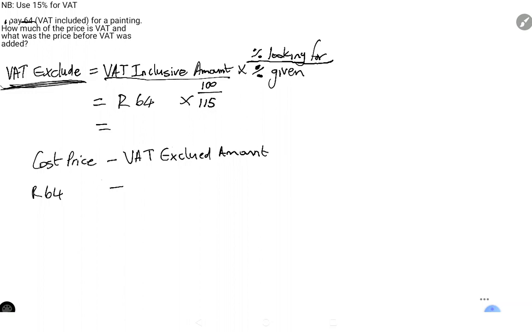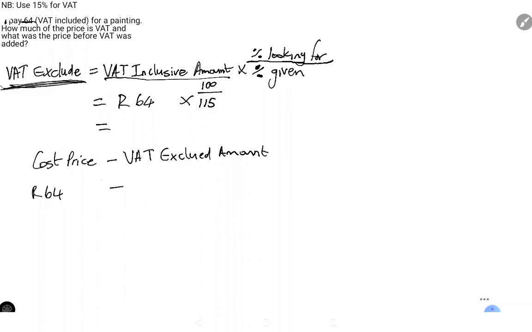And so you'll remember that with the video where we were calculating the VAT amount, we were adding 14% on top of 100%. Well, we added 15% because we're using 15% now. We added 15% on top of the 100%, so that it gave us a total of 115%.